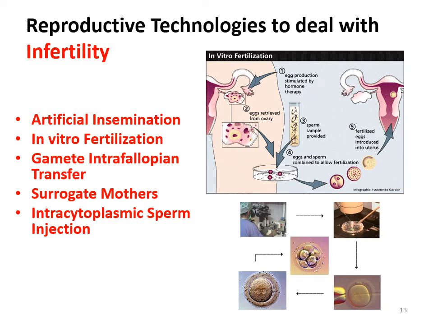There's also surrogate mothers, and that's when a woman is paid to have a baby for someone else. Usually it's not her sperm and egg, though in other cases it may be, but they try to avoid that because of the legal issues that can be involved later on.